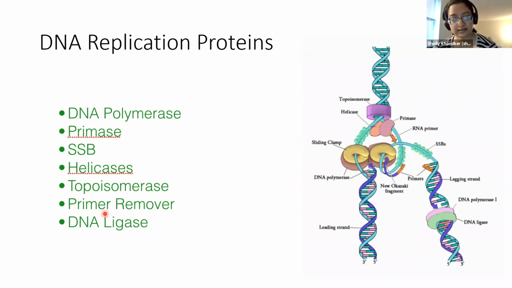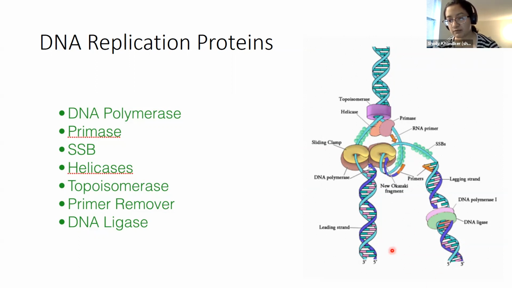Lastly, the RNA primer needs to be removed. So there's an enzyme involved in removing the RNA primer, and then there's also DNA ligase involved in this process. The reason why there's DNA ligase involved is because the two strands of new DNA are being synthesized in different manners.